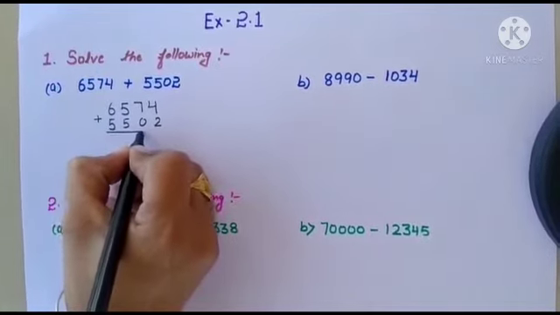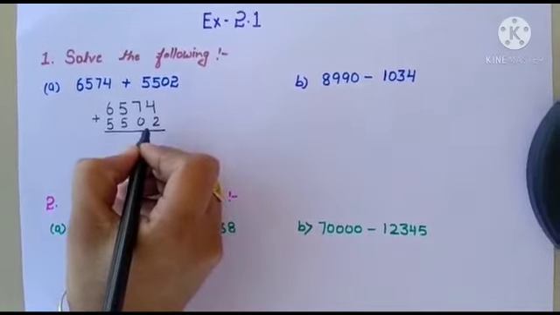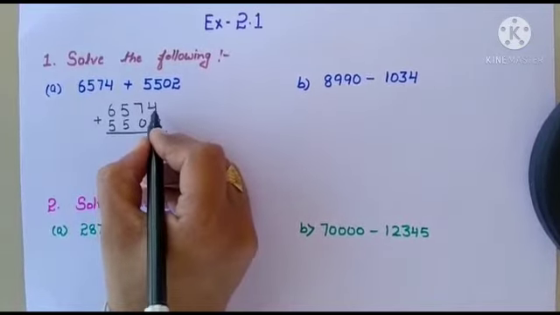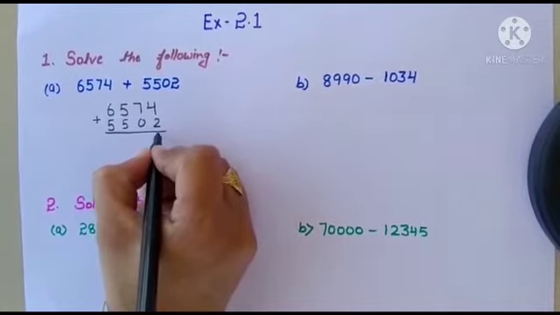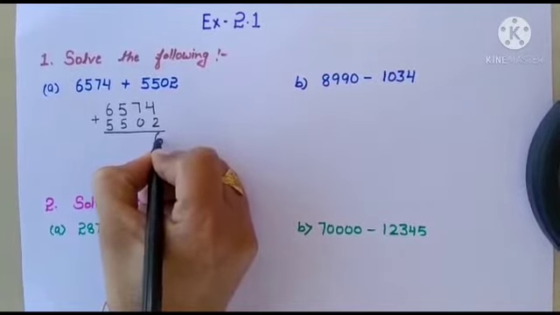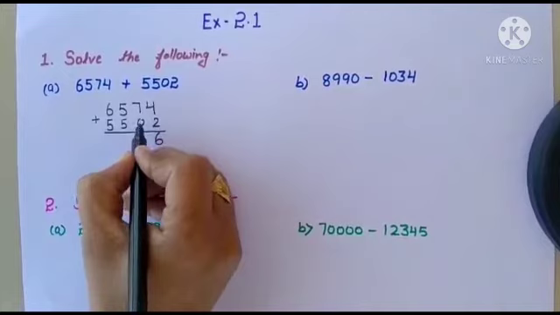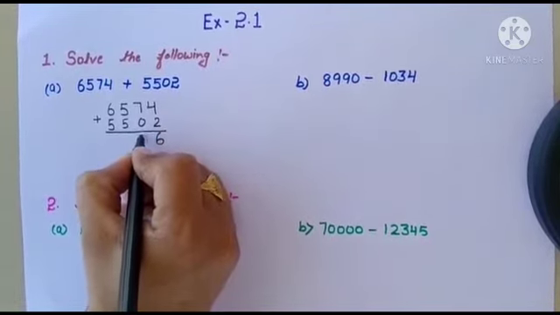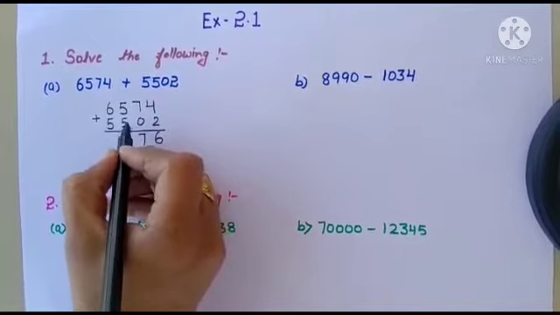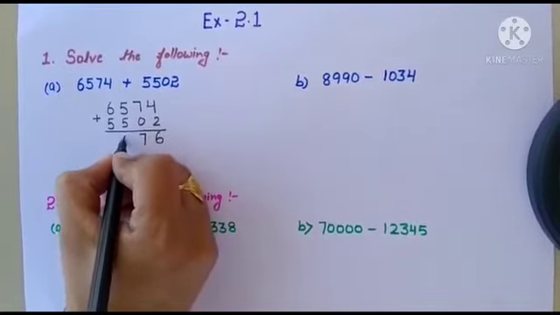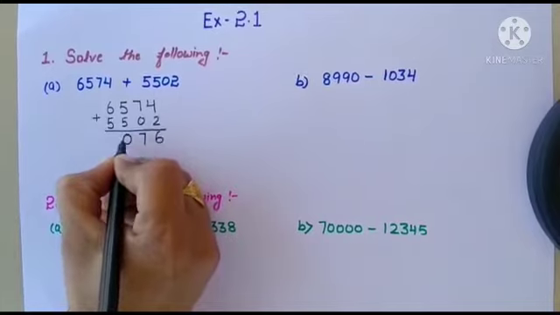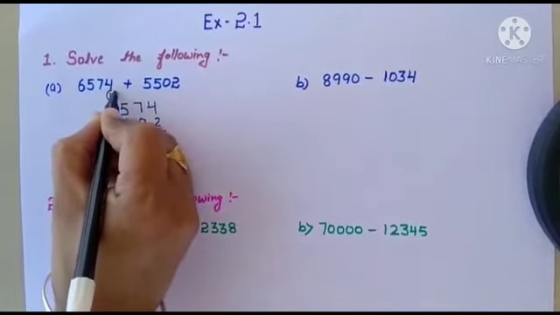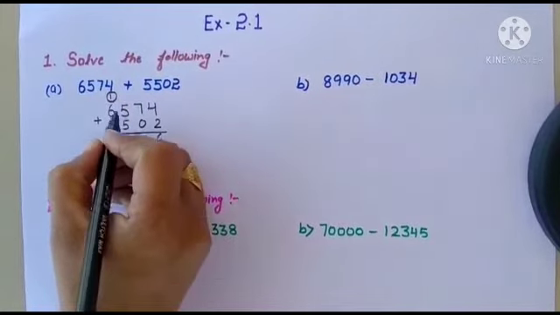How will we do it? Let me see. We will add it. 4 plus 2, count it, 4 plus 2, 6. 7 plus 0. There is no value of 0, so 7 plus 0 is only 7. 5 plus 5, 10. Now 10 is there, so 1 we will carry to the next digit.